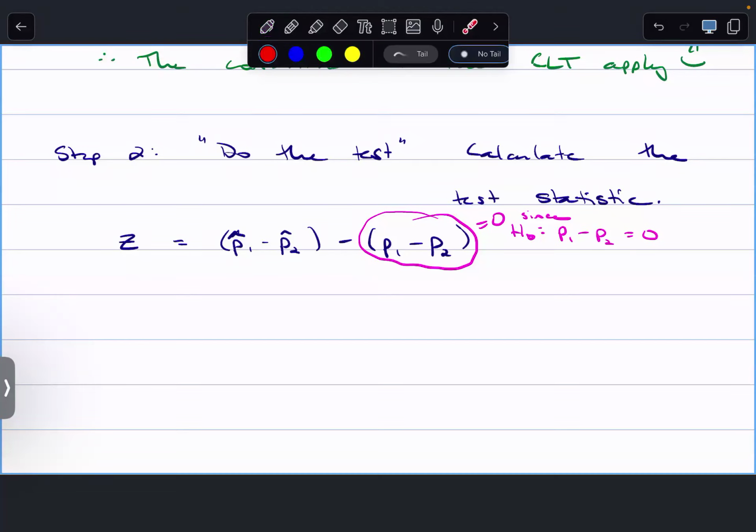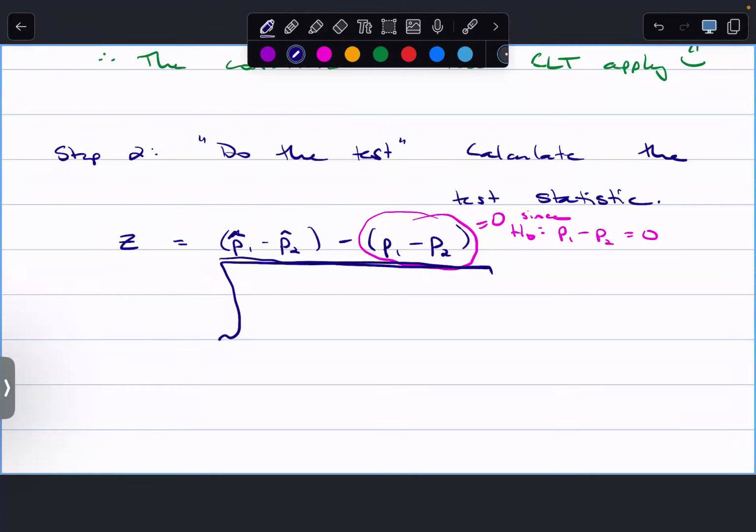But it's nice to highlight that you are still looking at how far this point estimate is from the null hypothesized value, which is 0, divided by the standard error. The standard error for a hypothesis test uses the null hypothesized value, and so it uses the pooled proportion.